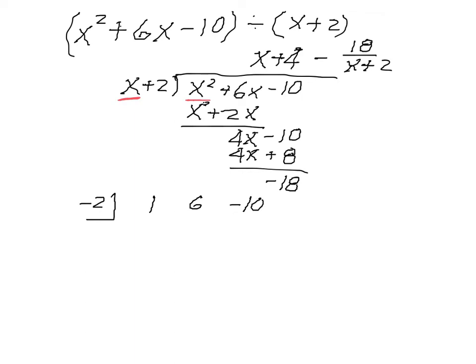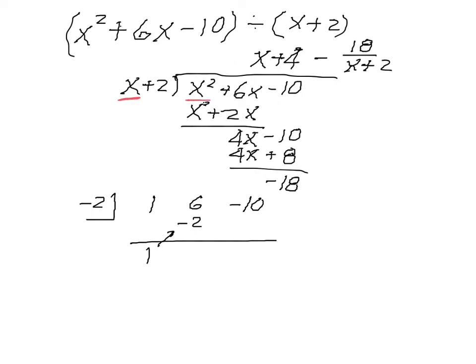All right, now how do I proceed at this point? First thing you do is bring the first coefficient down. So you just simply bring this one down. Then you multiply this coefficient times the minus 2. So 1 times minus 2 is minus 2, and you put the result here underneath the 6. Okay? So we multiply and we put the result right there.